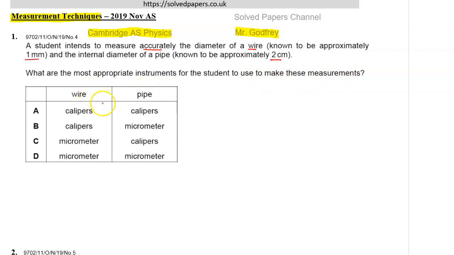For the wire, I recommend a micrometer screw gauge, right? And of course, for the pipe, since the diameter is 2 centimeters, I recommend calipers. So you'll need calipers. So the correct answer here is C.